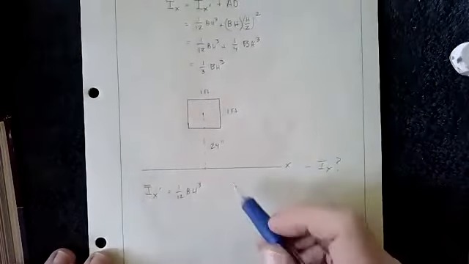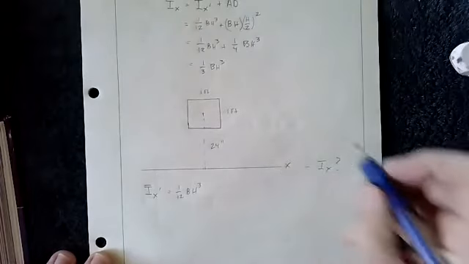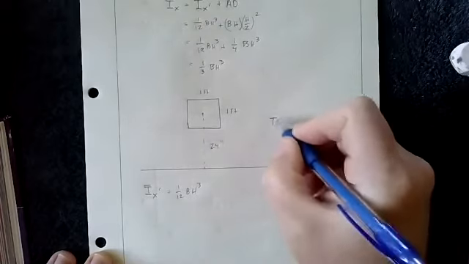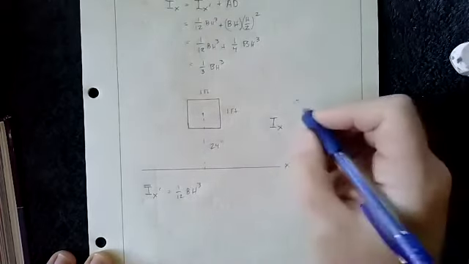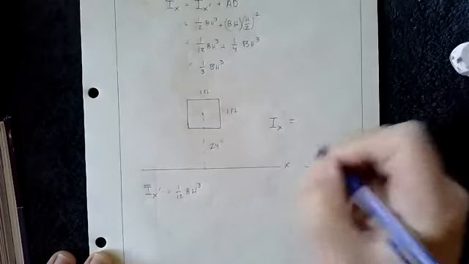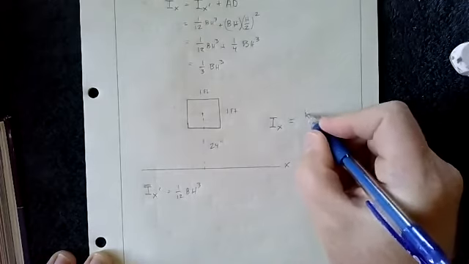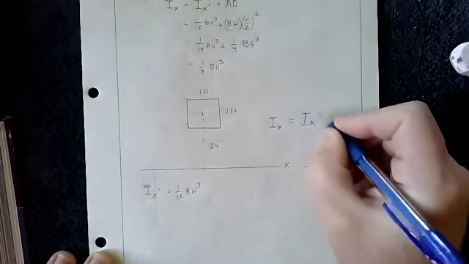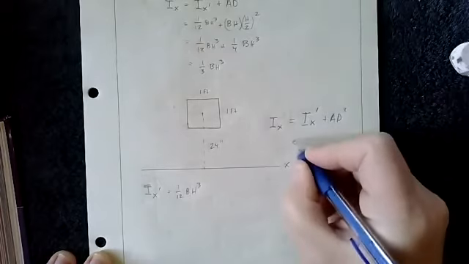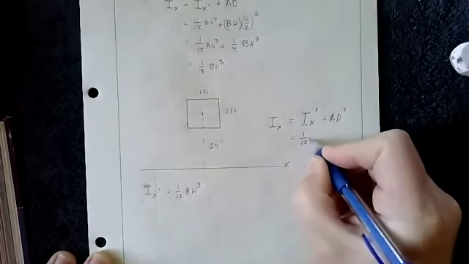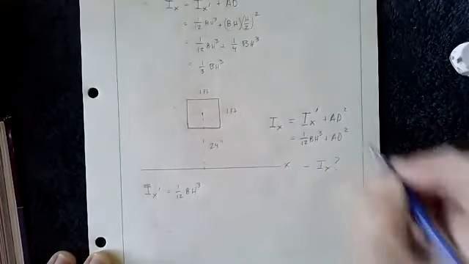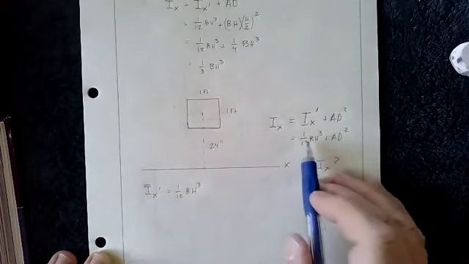Now, because we're using the parallel axis theorem, the moment of inertia Ix for this axis equals Ix prime plus AD squared, which equals 1/12 BH cubed plus AD squared. So we just have to add these two together.